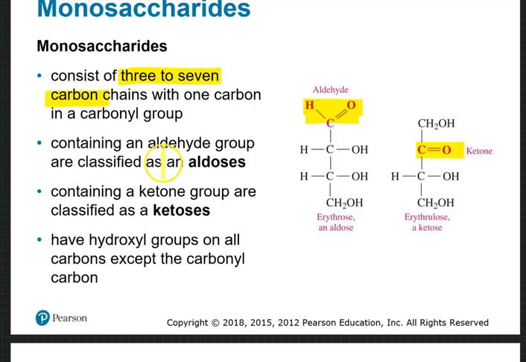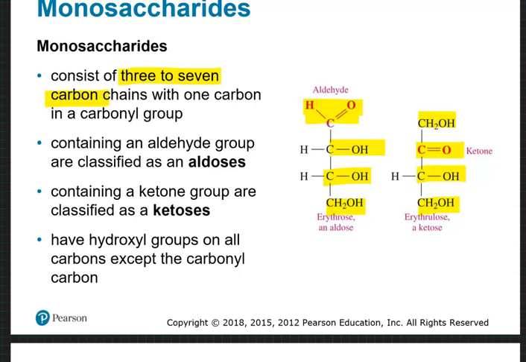All other carbons have hydroxyl groups on them, as you can see in these examples. And the classification of monosaccharides is partially based upon whether they contain an aldehyde or a keto group.